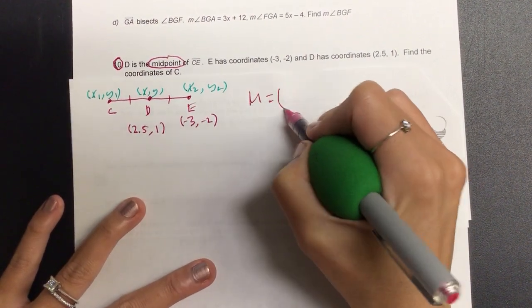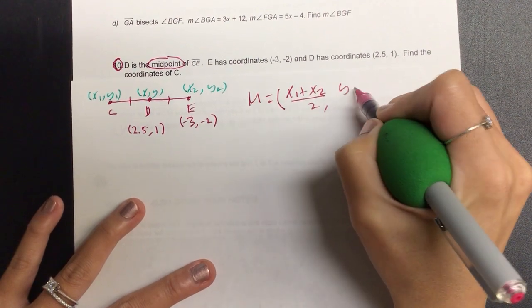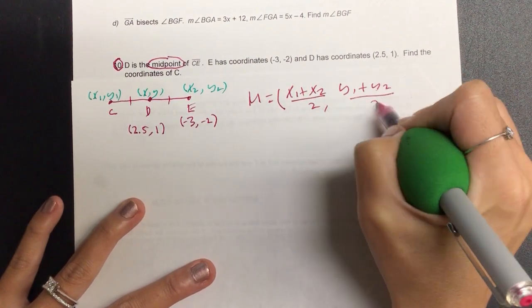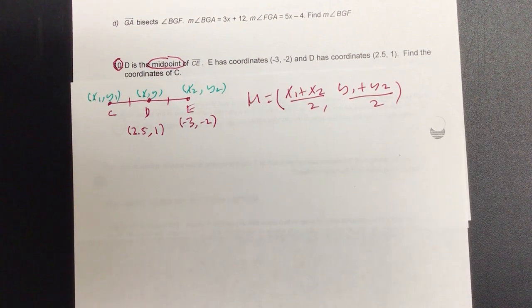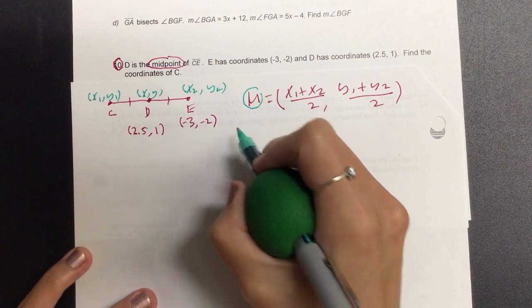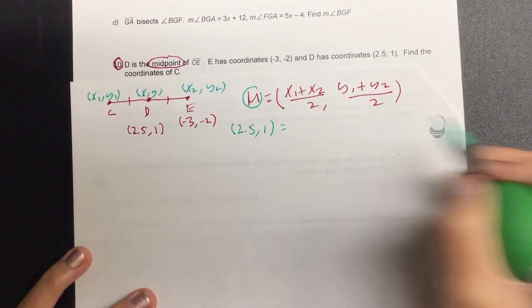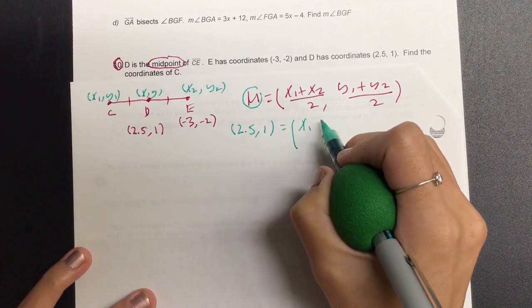So it's the midpoint. So we have the average of the x's and then the average of the y's. The good news is we have the midpoint, right? Yes. So in place of the capital M, we're going to put in 2.5, 1. And then for the x1, it's going to be the unknown.